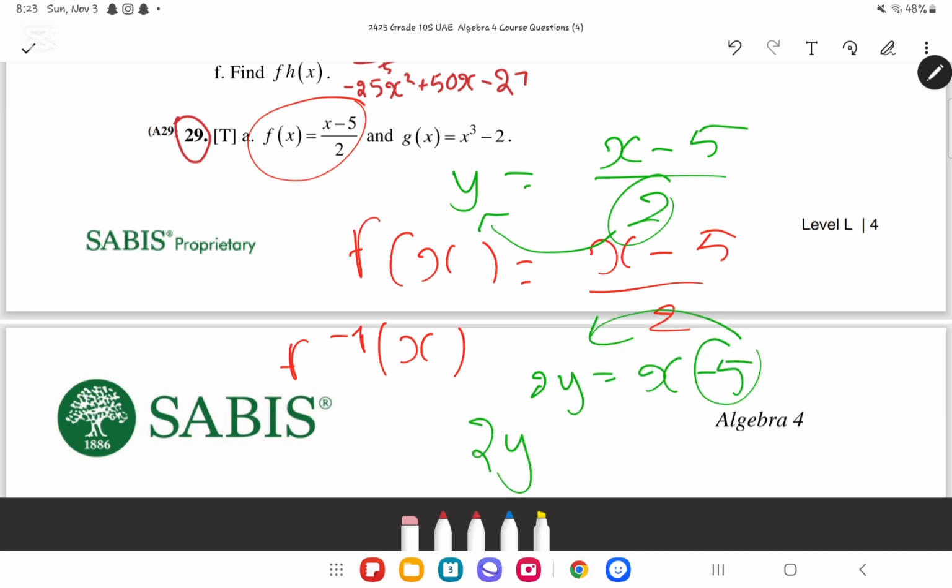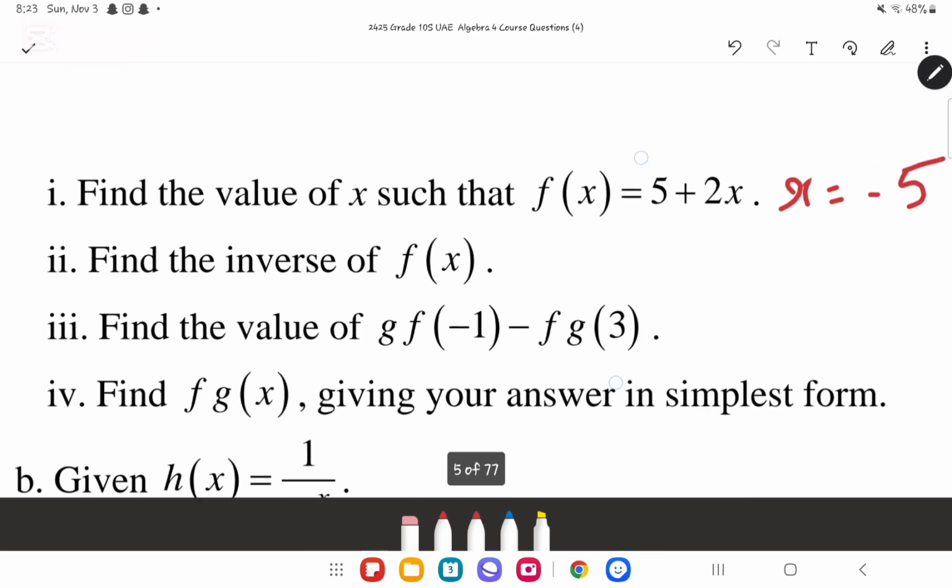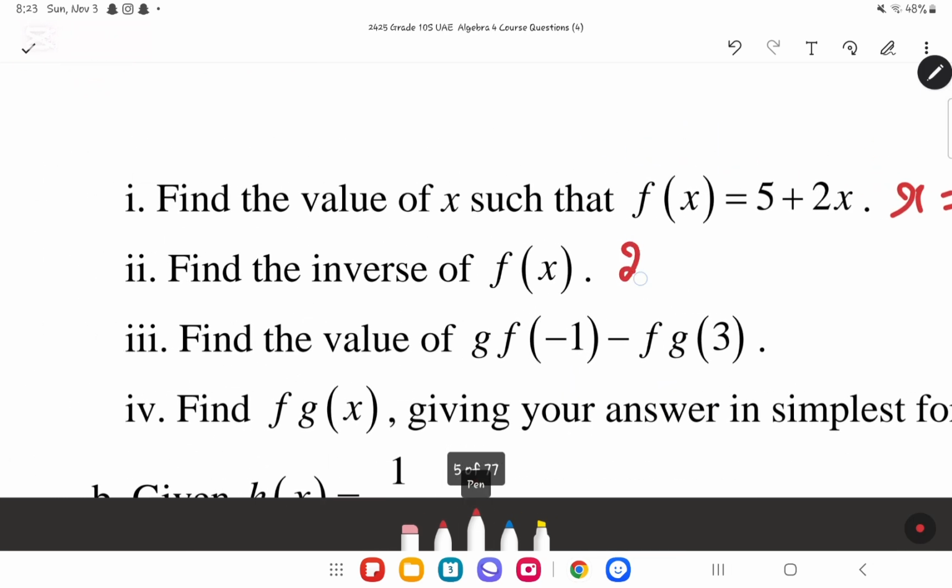You're going to get 2y plus 5 is equal to x. Now, we change the y into x and the x into f inverse of x. So it becomes f inverse of x is equal to 2x plus 5. So very simply, our answer over here is 2x plus 5.